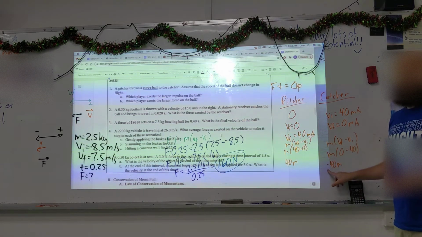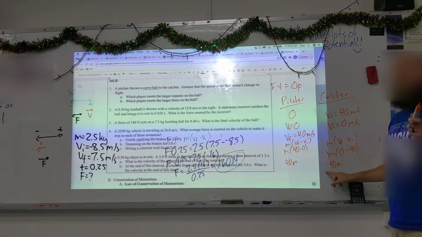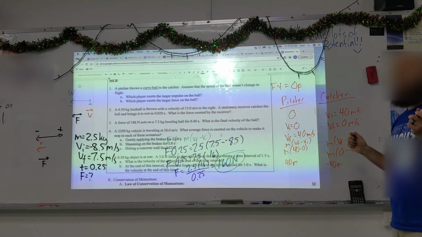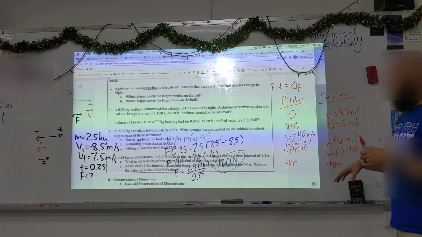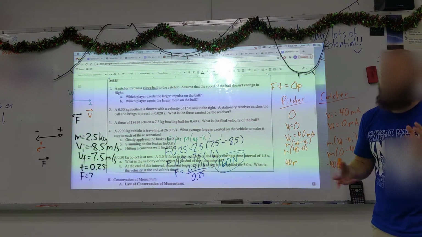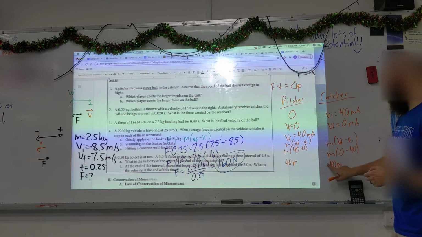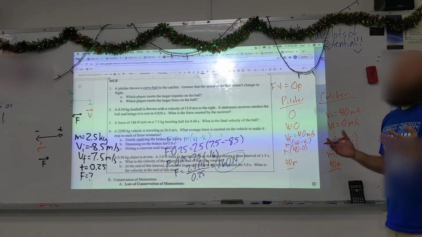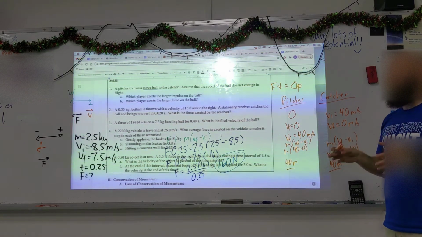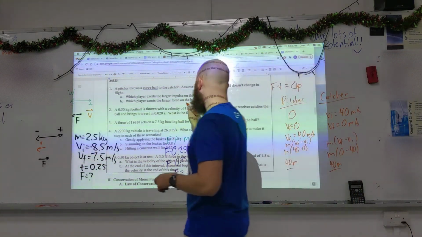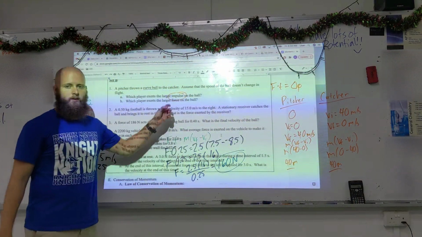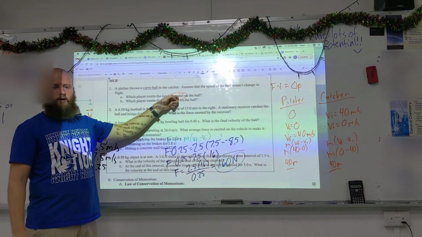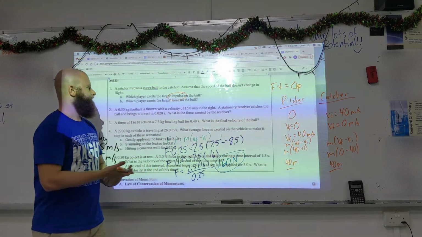Now, negatives and positives always tell us what? Direction. As far as the magnitude, we don't really need to worry about direction, so I'm going to get rid of this negative for a second. Which one of these is bigger? Yeah, see, that's the trick question. They're the same size. So both players will have the same impulse.